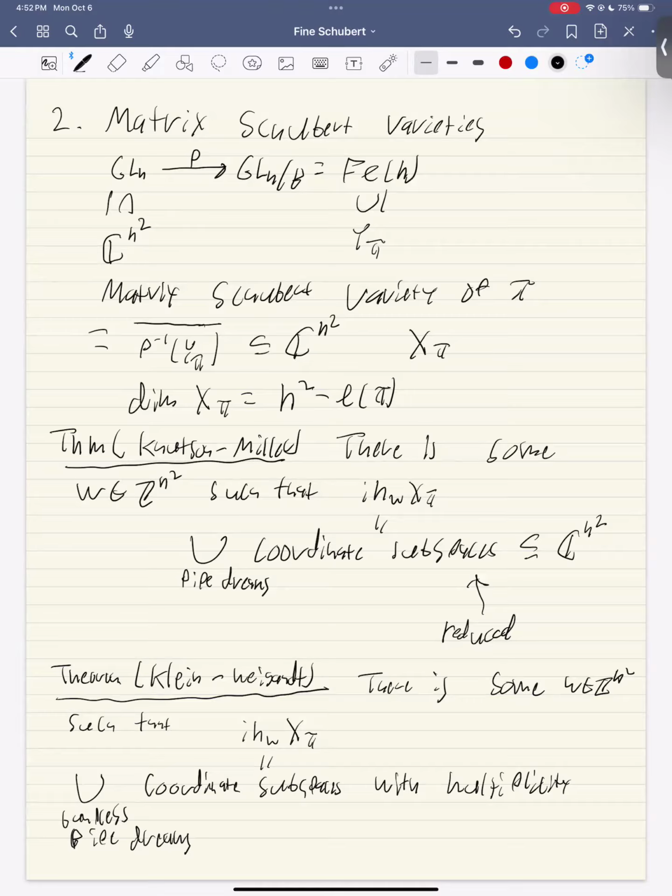And they don't know exactly what the initial degeneration looks like, but they know that it's a union of a bunch of coordinate subspaces, exactly those given by the bumpless pipe dreams. And this particular coordinate subspace that occurs for 17 different bumpless pipe dreams has multiplicity 17. So basically, they know at least roughly what the degeneration looks like.